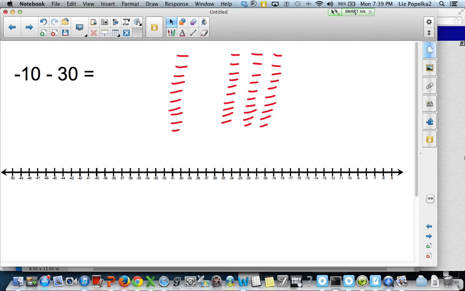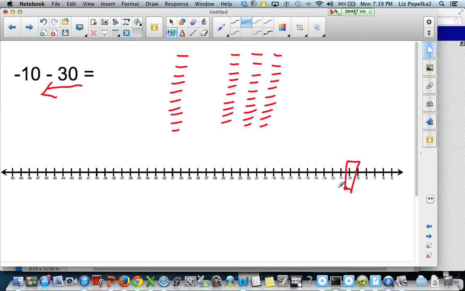Negative 10 is my first number. So the number line is kind of teeny tiny here, but you can see I'm going to start over here at a negative 10, because that is what the first number on my number line represents. I'm going to hop to the left because, again, this is minus. So I'm going to go in the left direction 30 places.